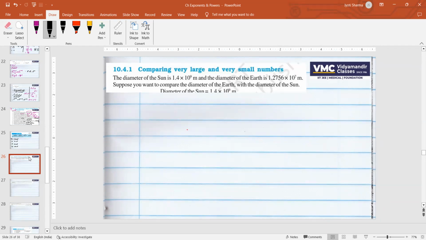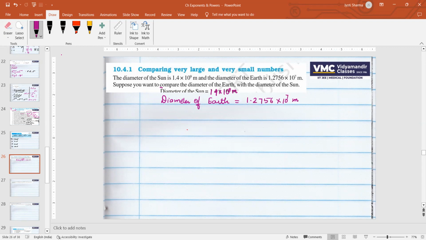The diameter of the sun has been given: 1.4 into 10 to the power 9 meters. And here the diameter of the earth is also given, that is 1.2756 into 10 to the power 7 meters.